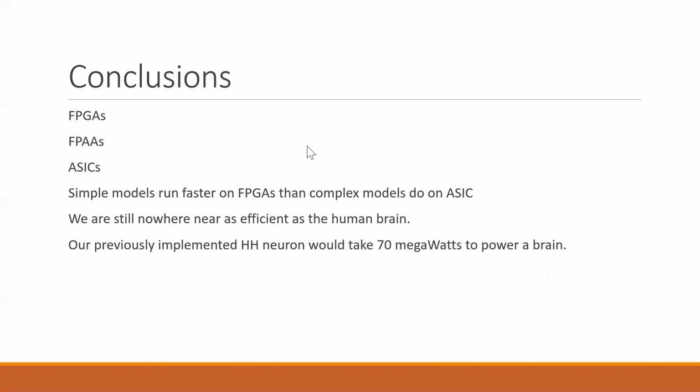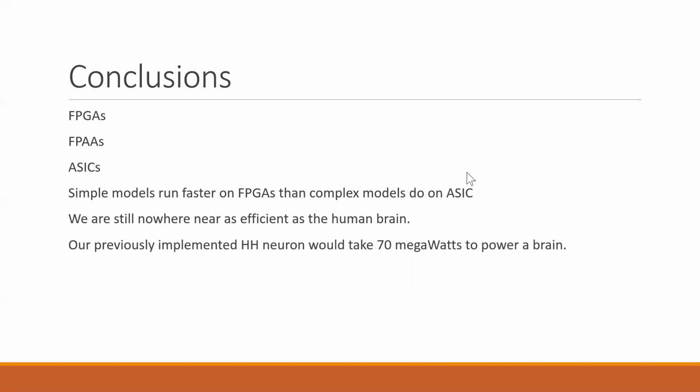Whereas a human brain actually takes roughly 60 watts to run. So the human brain is a million-fold more efficient in terms of power consumption when compared to the Hodgkin-Huxley neuron on the FPAA.